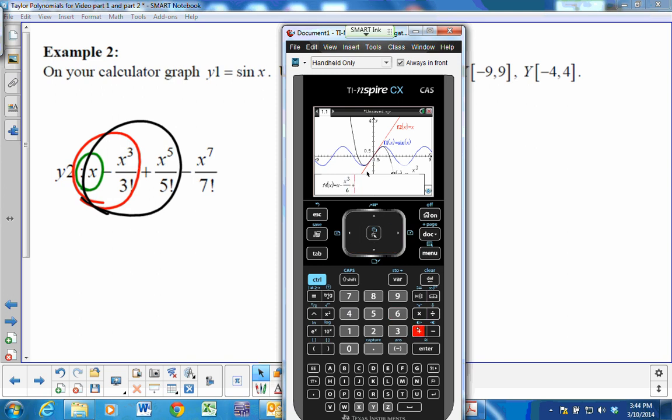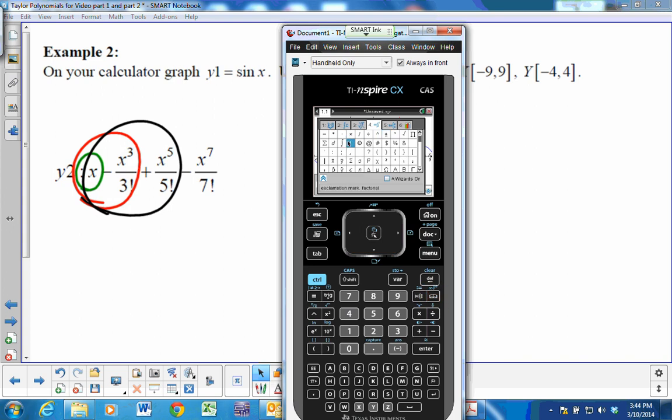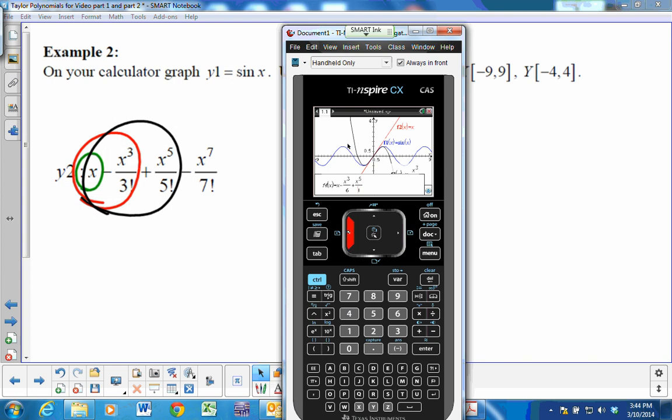And then plus x to the 5th over 5 factorial. Let me get the factorial from here, make sure I'm getting the right thing. Yeah, it just looks funny on my screen. So, okay, then we have this.